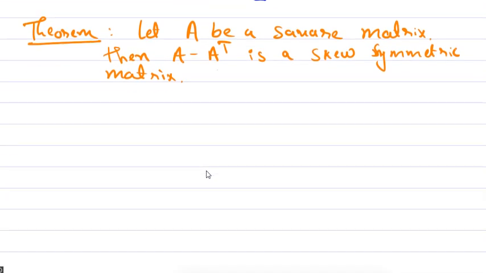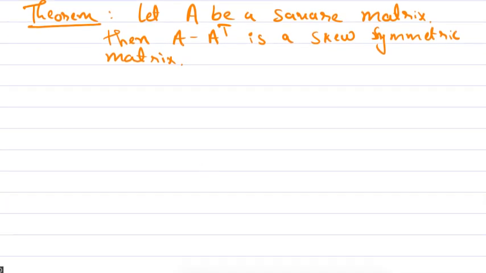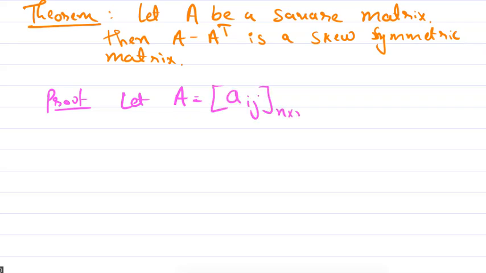To prove this, we will use the same fashion we observed last time. Let's start with A, Aij being an n cross n matrix. So A transpose is Bij, with the relation that Bij is nothing but Aji.